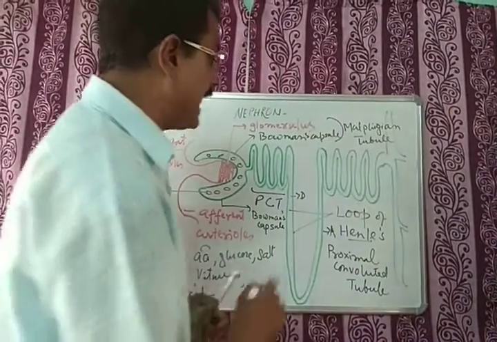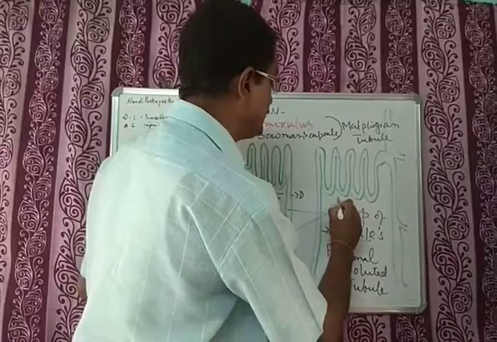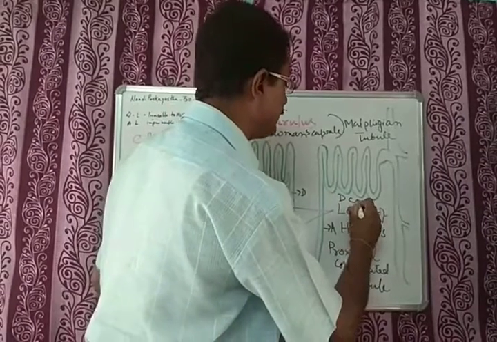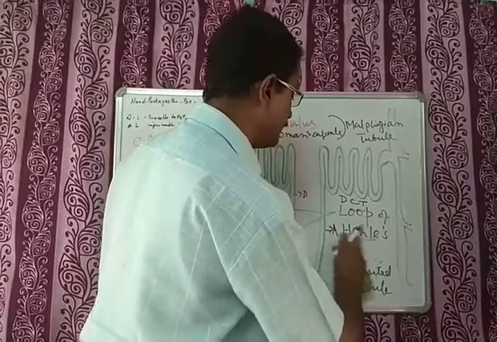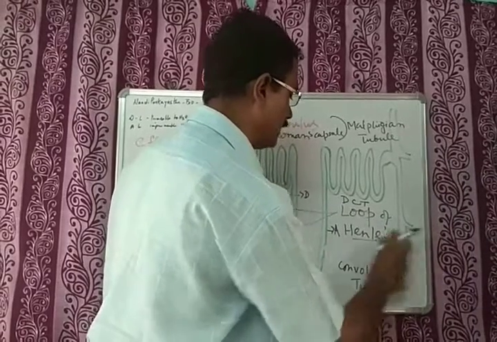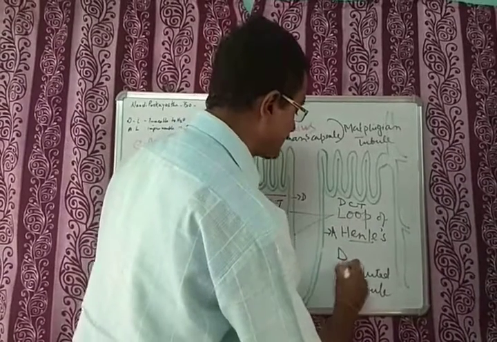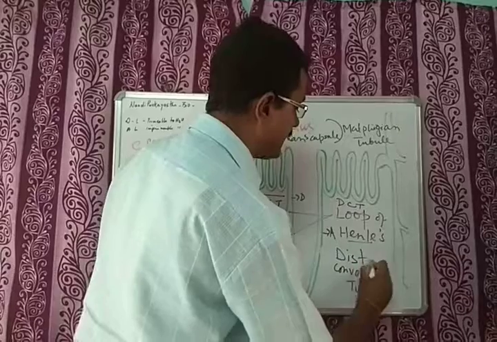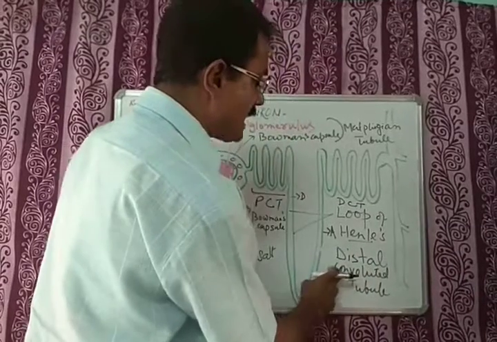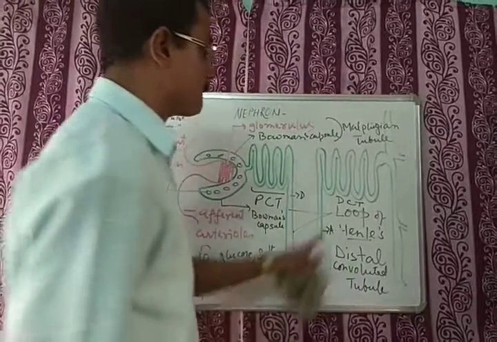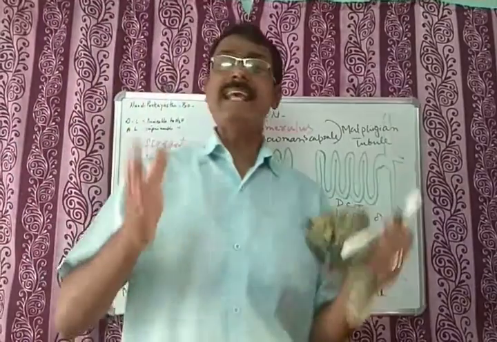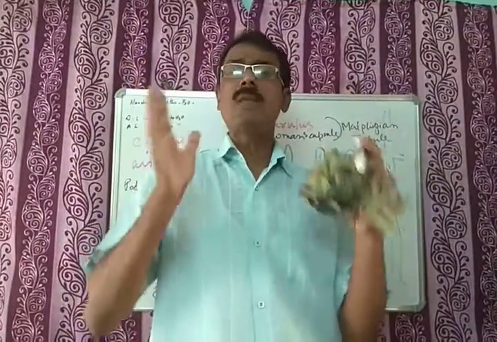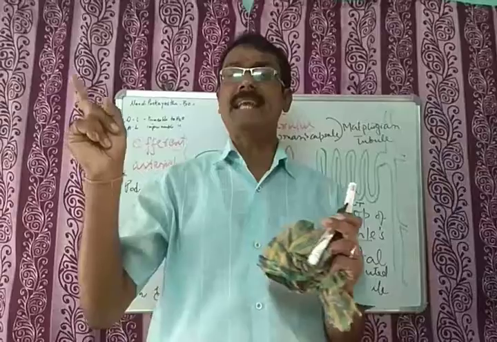Clear? Then here you find the DCT, called the distal convoluted tubule. So what is the function of the DCT? The DCT is also a coiled tube-like structure like the PCT.